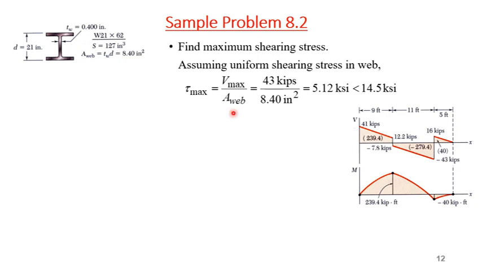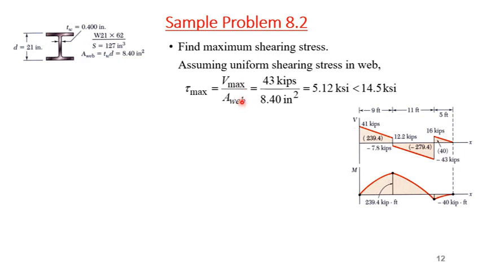Now for the tau max, the allowable was 14.5 ksi, and we will calculate. The maximum shear force of the system is minus 43 kilopounds, and the maximum shear stress will be at the centroid of the section or neutral axis. And for tau max, for a W beam or I beam, that is equal to V max by area of web.